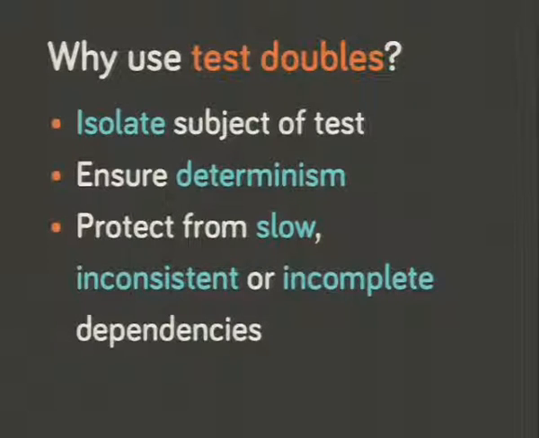You can also have inconsistent or incomplete third-party code that you're relying on, that for your test you want to remove and emulate. I think the biggest one of these is actually network connection. When you're running your unit suite, you shouldn't really have to have a running application server to run it.